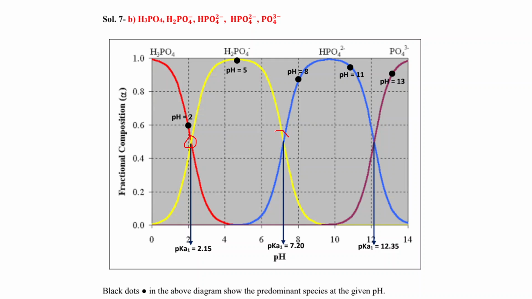At pKa2, H2PO4 is equal to HPO4 2 negative, and here HPO4 is equal to PO4 3 negative. These are different pKa values. So please have a look at that. The solution is right over here. Please note it down, take a screenshot as well. Then you can understand what is happening here.